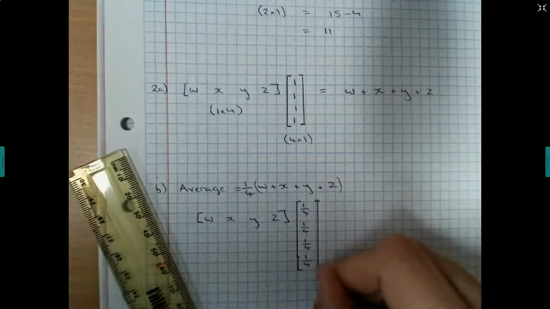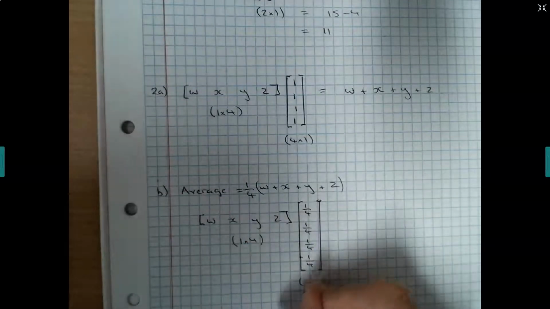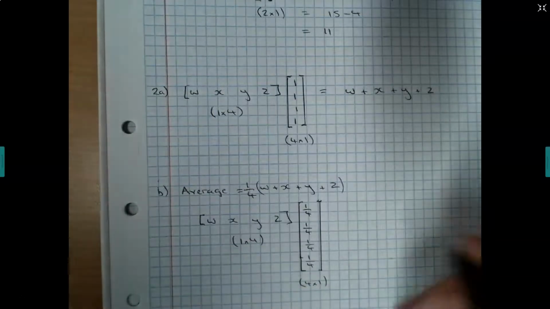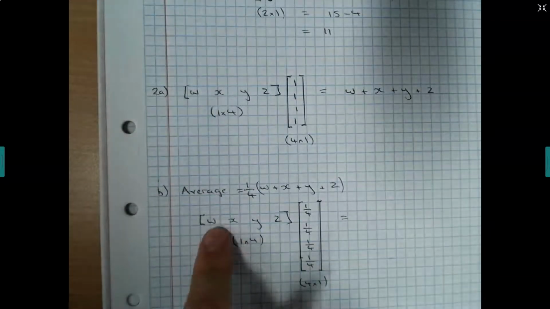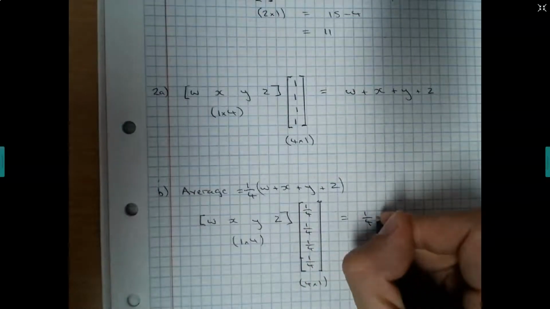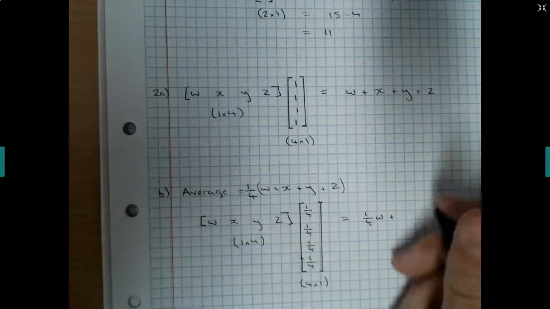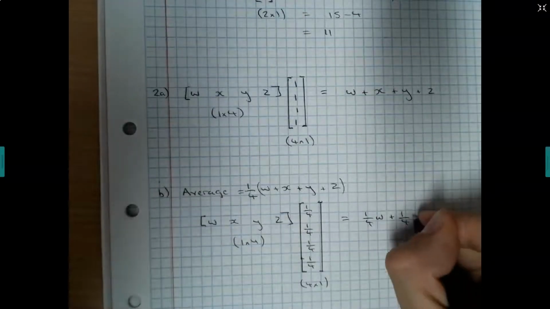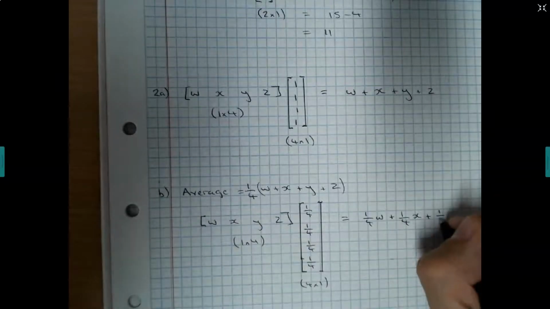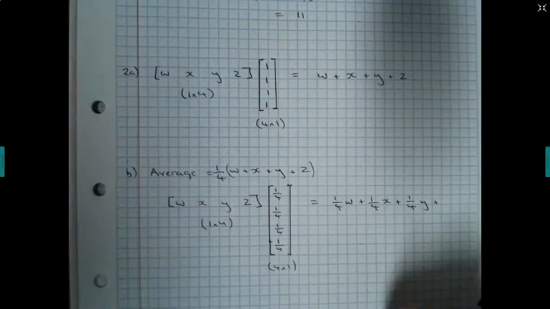So when I do this matrix multiplication, like I said, this is a 1 by 4, this is a 4 by 1. These values are the same, therefore we can do this multiplication. So I go this value times this value. So a quarter times w is a quarter w, plus a quarter x, plus a quarter y, plus a quarter z.